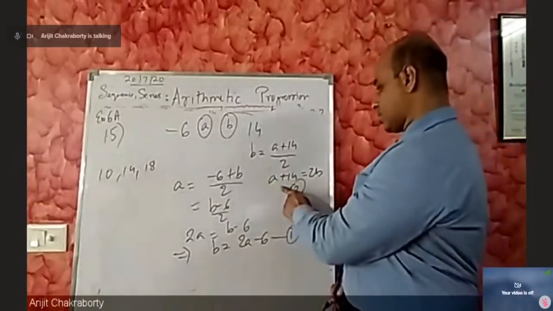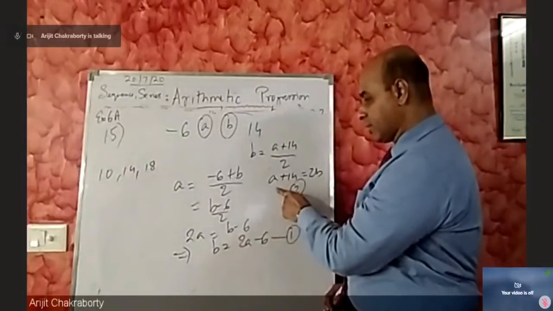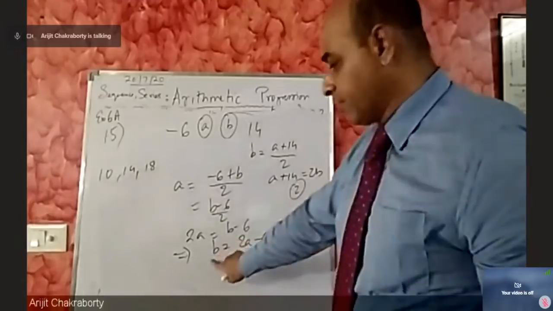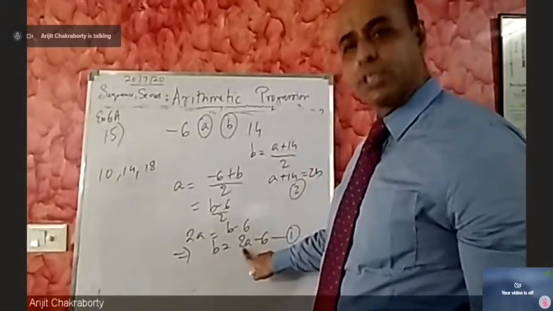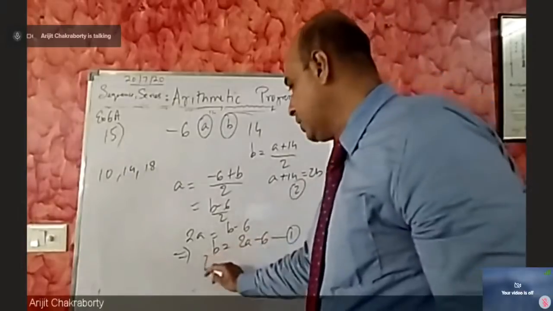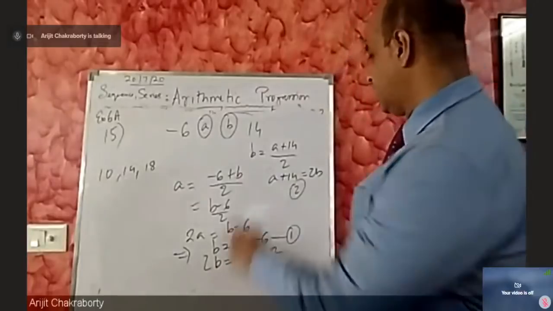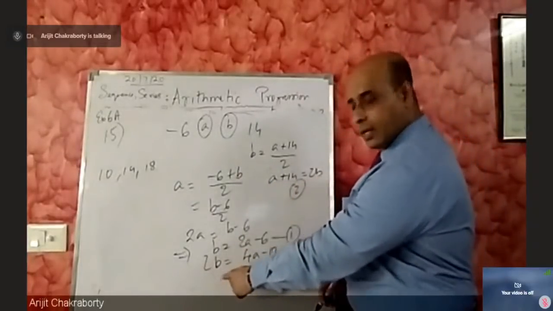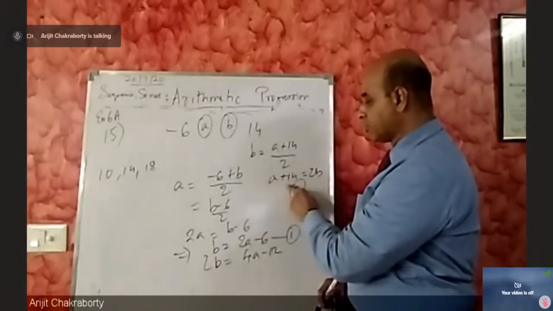I am getting B equal to 2A minus 6, and here I am getting 2B equal to A plus 14. Here I am getting only B, but here I am getting 2B. So if I multiply this by 2, I am getting 2B is equal to 4A minus 12. And here I have got A plus 14. Here 2B equal to 4A minus 12. Here 2B equal to A plus 14.